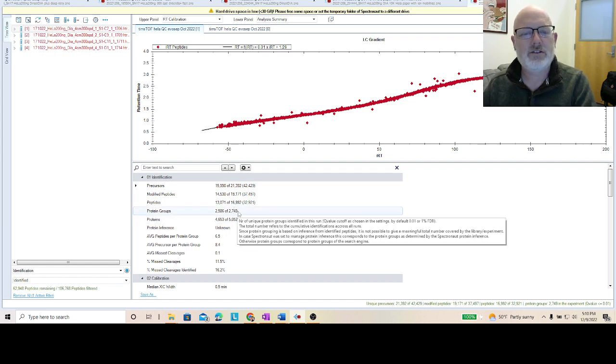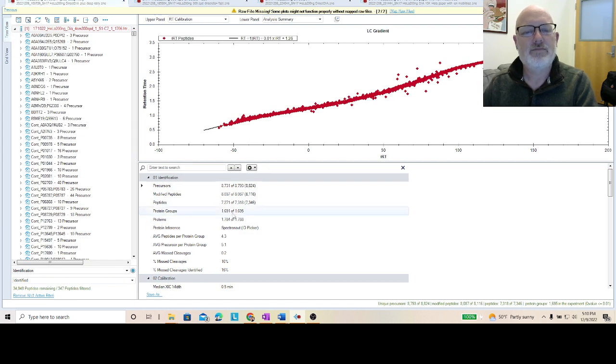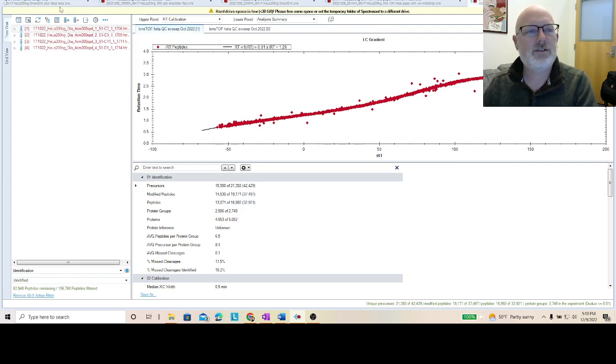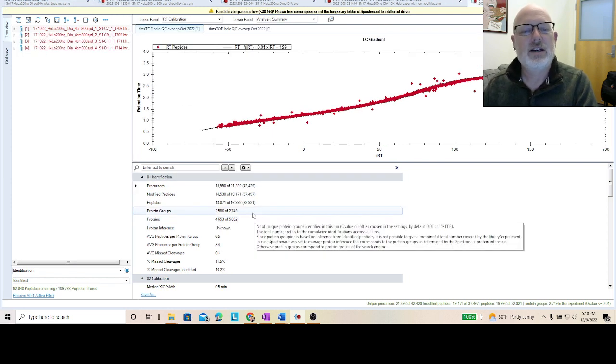Although when your protein groups do increase by more than 1,000 proteins, that's almost doubled. So Spectronaut is reporting it quantified almost 2,700 proteins in 3 minutes.